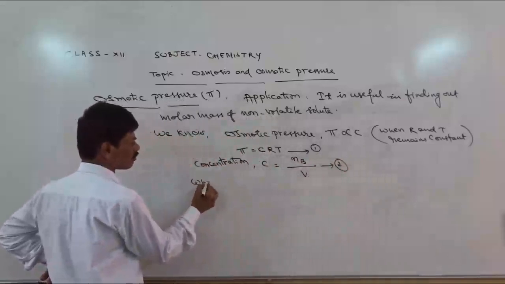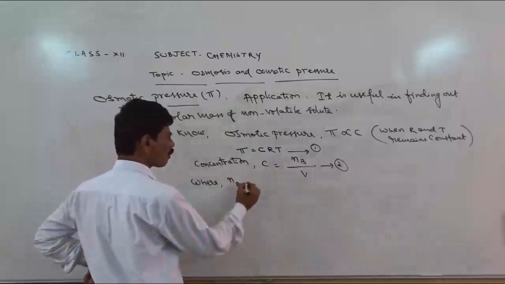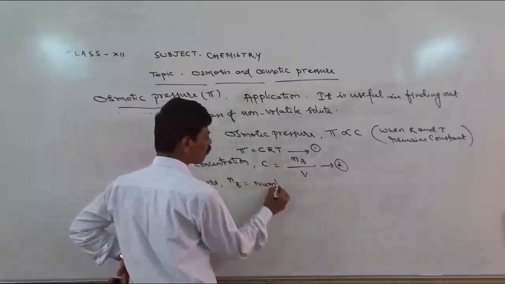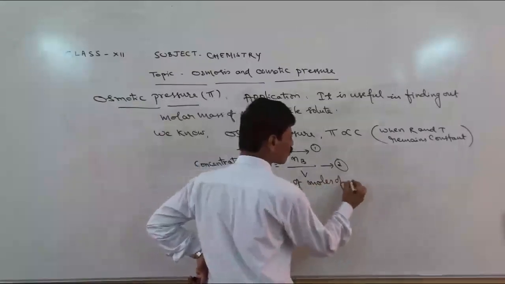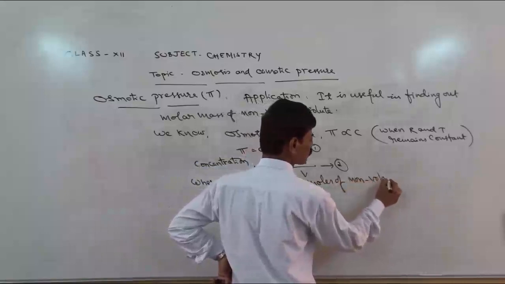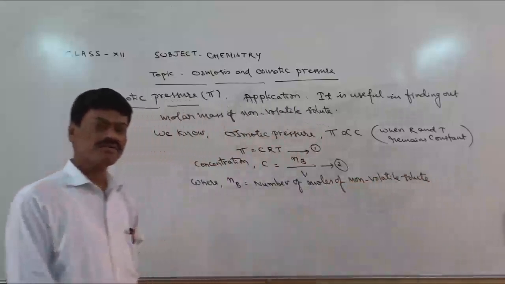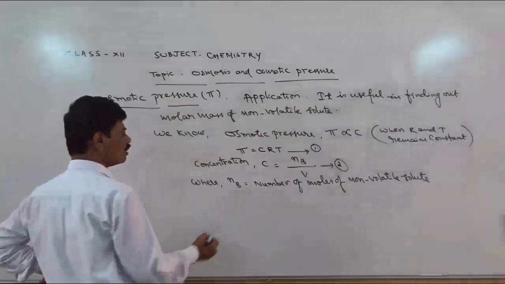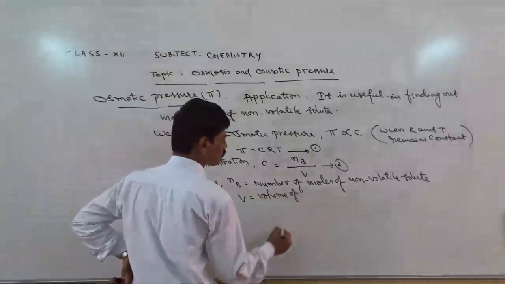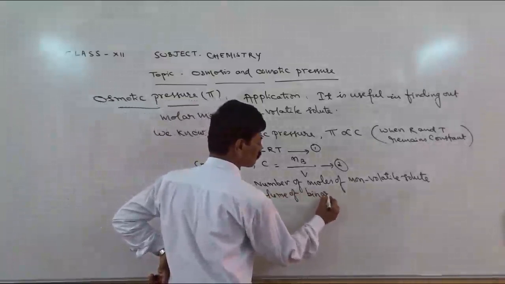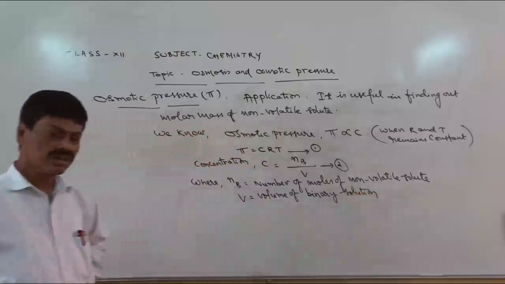where NB stands for number of moles of non-volatile solute, and V stands for volume of the binary solution. Right.